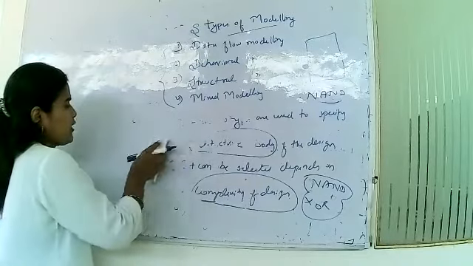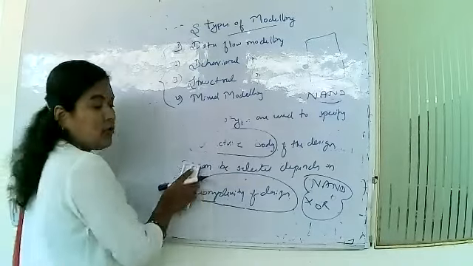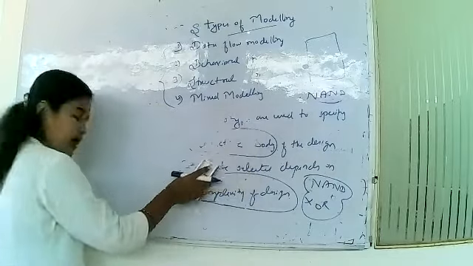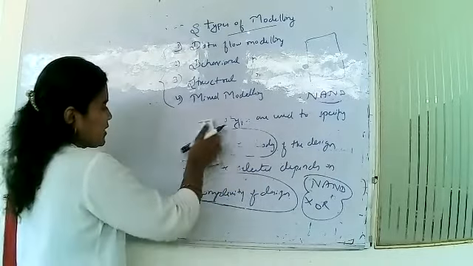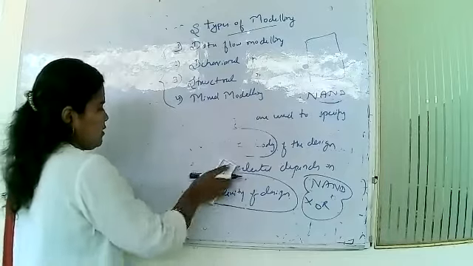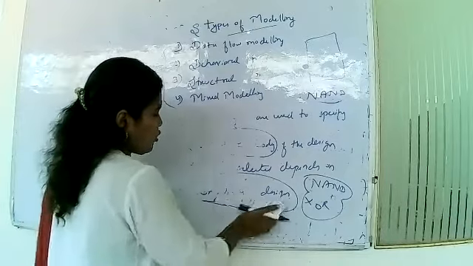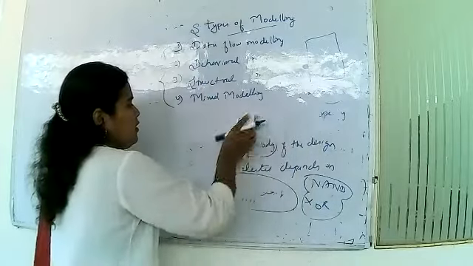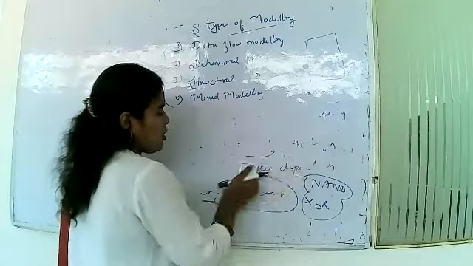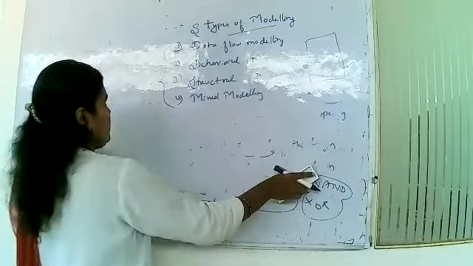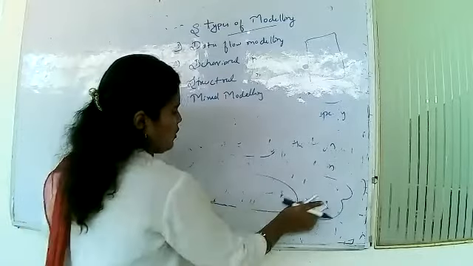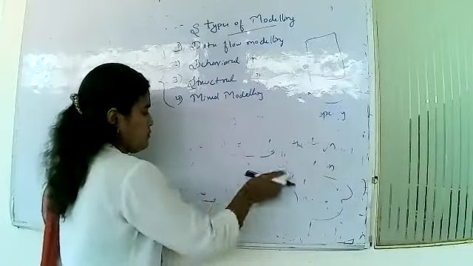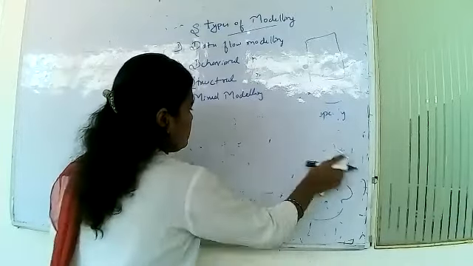The styles of modeling affect the architecture body, not the entity, because the entity has only inputs and outputs. But depending on the complexity of the design, you will select any style of modeling.